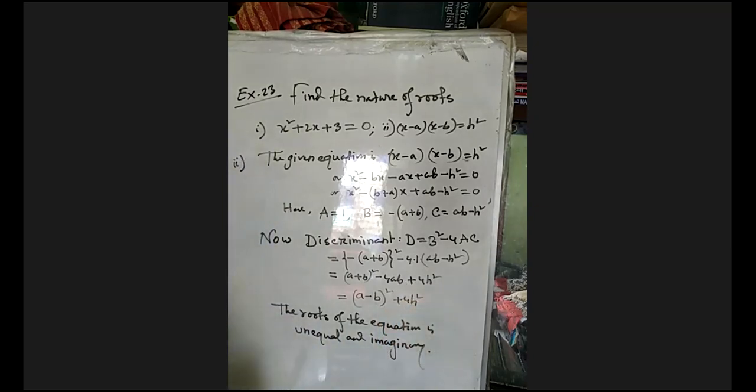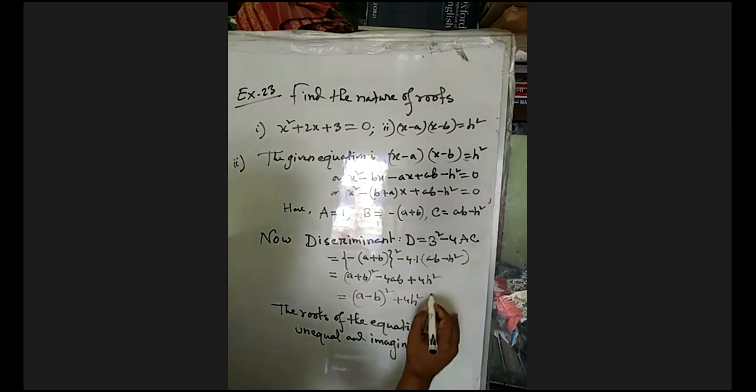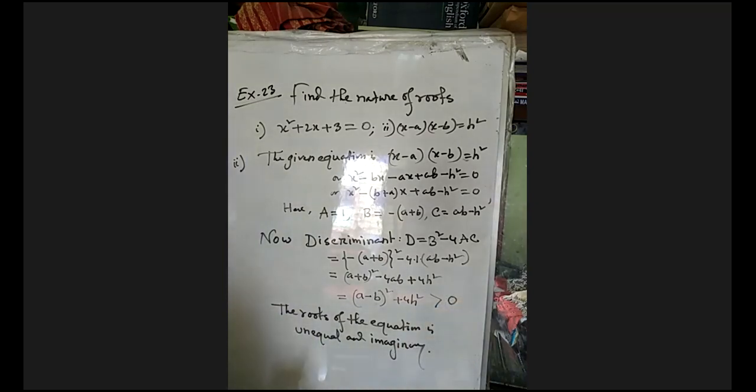Now for any values of a and b, since they are squares, sum of squares, so for every value of a, b, whether negative or positive, this must be what? Greater than or equal to 0. That means the discriminant is greater than or equal to 0. The roots of the equation will be what?